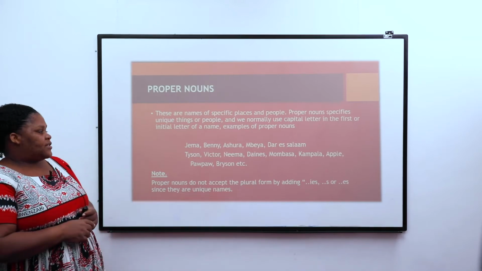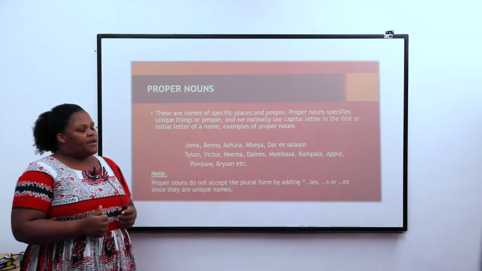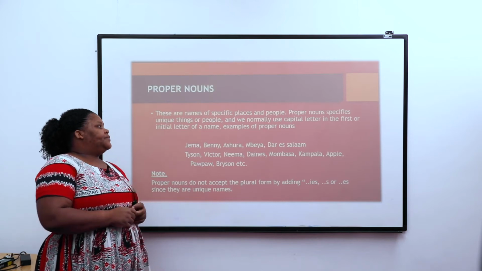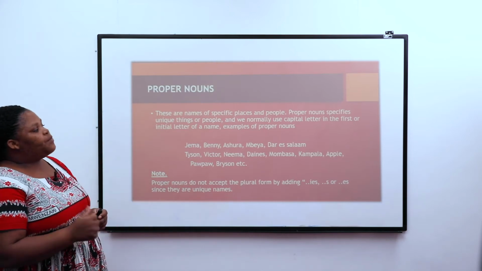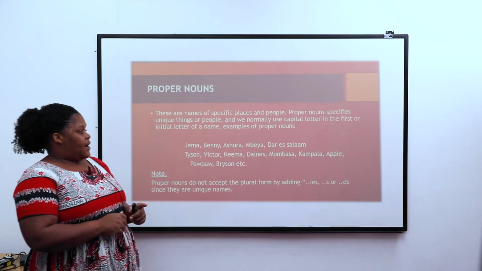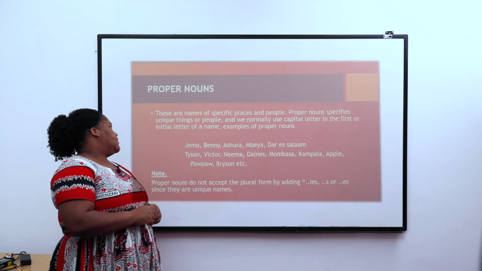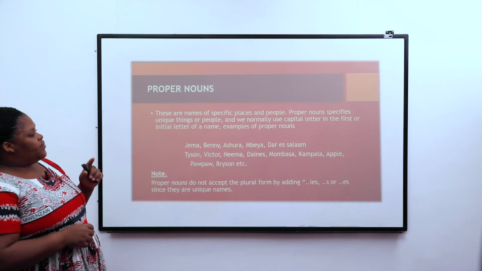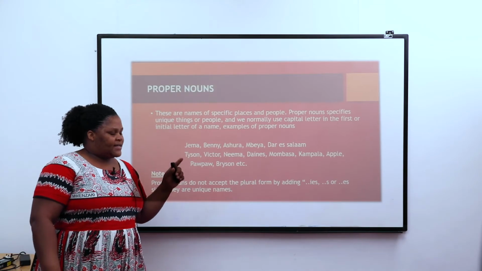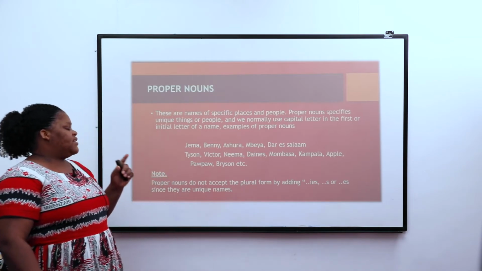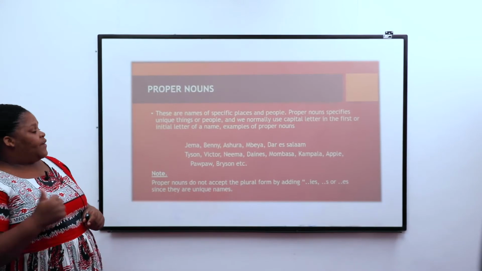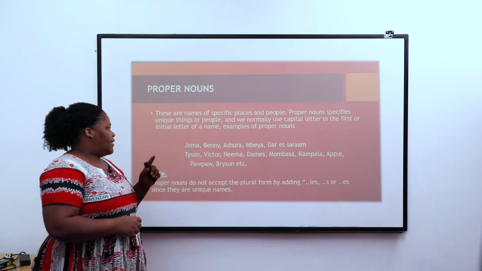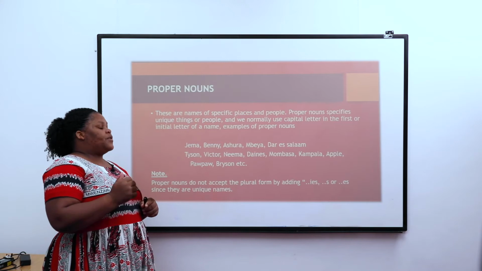Proper nouns are names of specific places and people. Proper nouns specify unique things or people, and we normally use a capital letter at the initial letter of a name. For example, the following are examples of a proper noun.